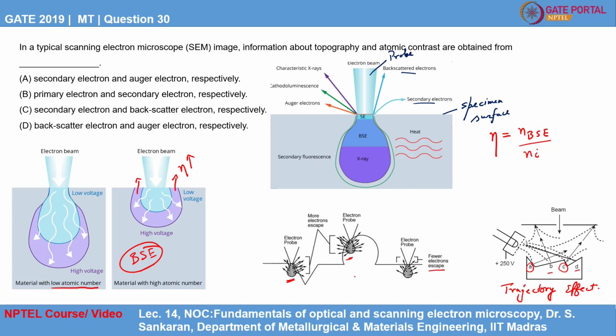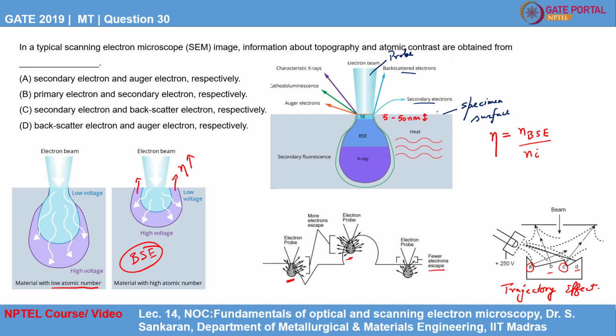And the secondary electrons are the primary signals used to generate the topographic contrast, because they are generated at a depth of around 5 to 50 nanometers. Okay, so the yield of secondary electrons depends heavily on the surface topography, fine.